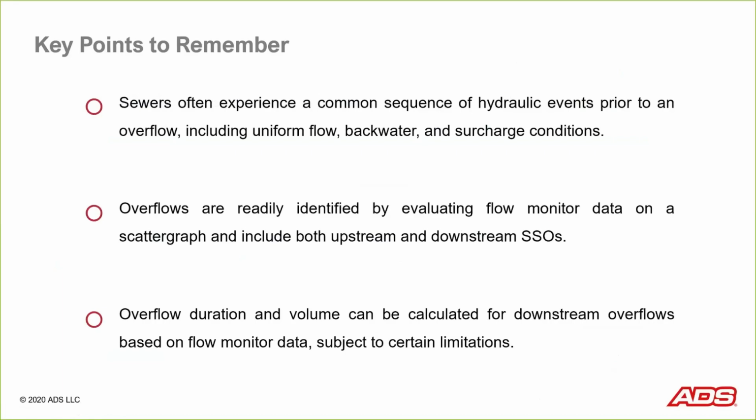You look for that telltale pattern at the top end of the data, the top end depth-wise, and that'll help you identify overflows both upstream and downstream from a monitoring location, including SSOs and CSOs downstream. From there, we talked about some methodology to estimate the duration and volume of SSOs and CSOs. Those can be used for downstream overflows based on the flow monitor data, but we did talk about some limitations that they are subject to as well.